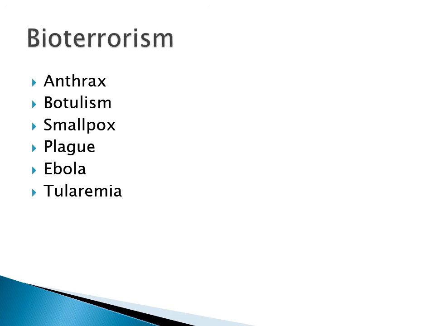It is on page 2615 and 2616 of your textbook, and pay particular attention to the agent that could be used, how to detect if the agent was used, symptoms, how it is transmitted, precautions that would need to be taken, and then if there is a vaccine. And then what we'll be doing is an activity in class where we look in more detail at this, watching a video and completing an additional assignment.